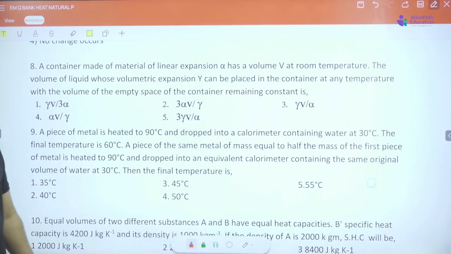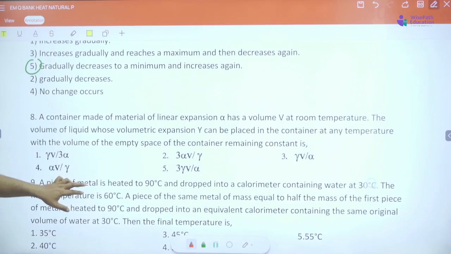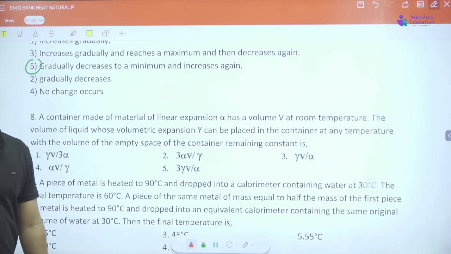A container made of material of linear expansion alpha has volume V at room temperature. The volume of liquid whose volumetric expansion gamma can be placed in a container at any temperature with the volume of the empty space of the container remaining constant, right?